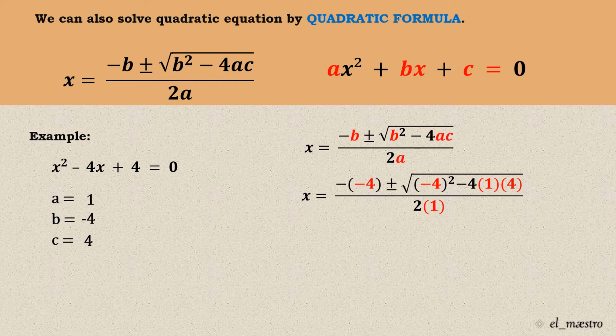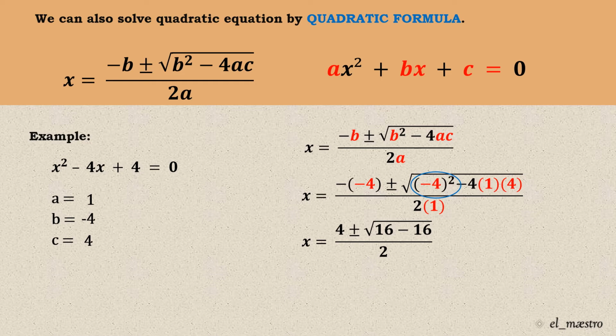After substituting, the next thing to do is, of course, simplify. Start with what is inside the radical sign. Let's go one by one. First, negative of negative 4: when the negatives are together, that makes it positive 4. Negative times negative, so positive 4. Next, we have the square of negative 4.